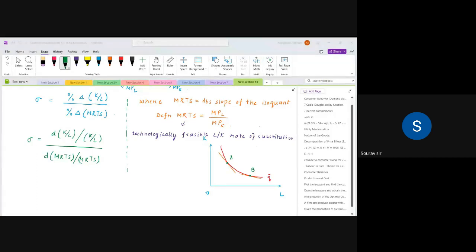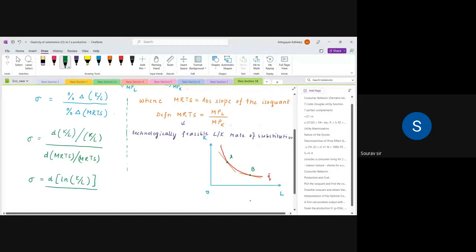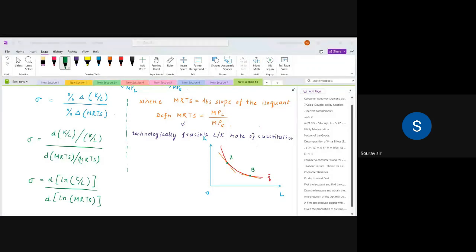And this further can be written as D of log K by L divided by D of log MRTS. Any questions up till this?